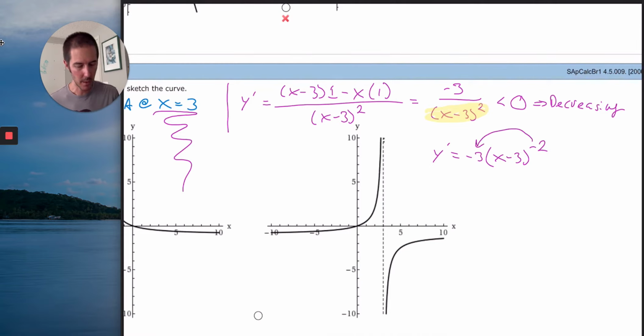Exponent times leading coefficient, decrease exponent by 1, chain rule, don't forget to finish by multiplying by the derivative of the argument, that inner function. You should get positive 6 over the quantity x minus 3 to the third power. And the derivative of this is a 1, so times 1. That's not going to do anything. That would be your second derivative. Oh, let's look at it.